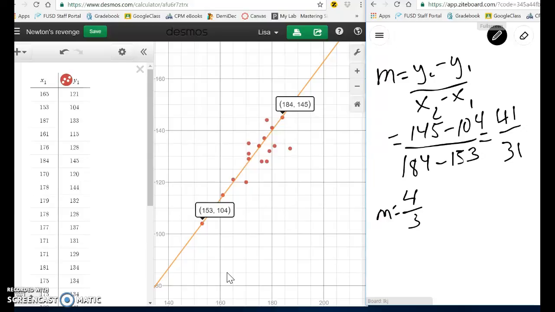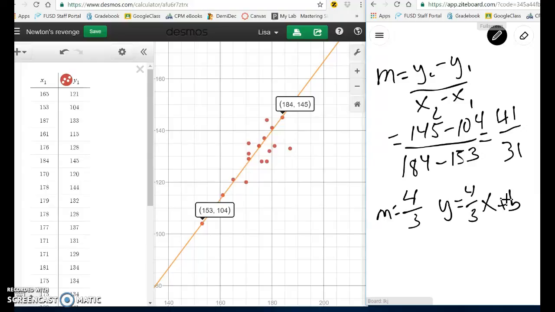So we would need to actually algebraically solve that. That might be done by using our equation y equals mx plus b, knowing that our slope, our m, is approximately 4/3, and using one of our known points.